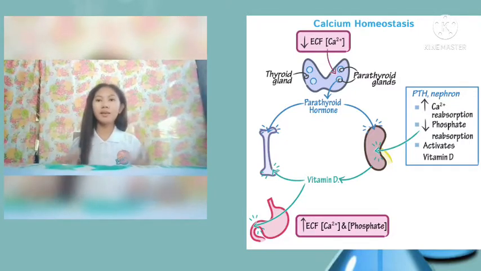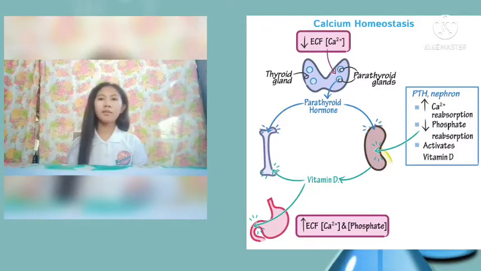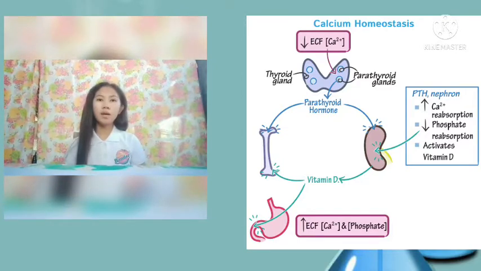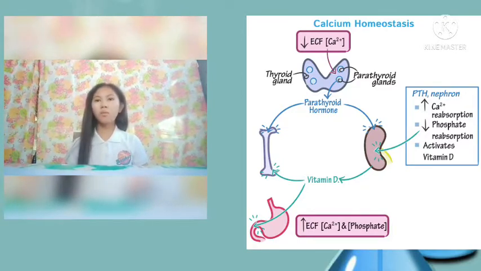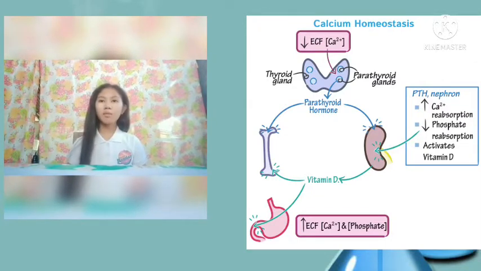Next, what two hormones maintain calcium homeostasis? The major hormones responsible for normal calcium homeostasis are parathyroid hormone and 1,25-dihydroxyvitamin D, and these hormones control extracellular fluid calcium on a chronic basis.